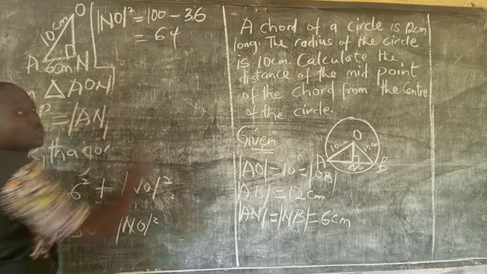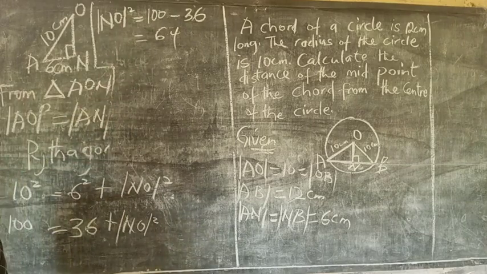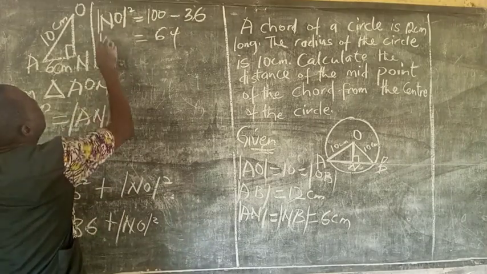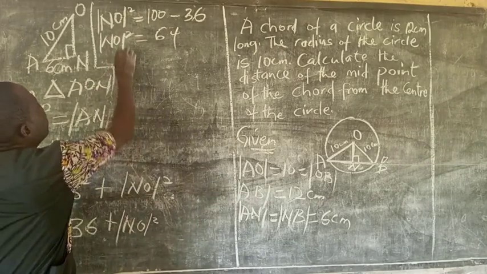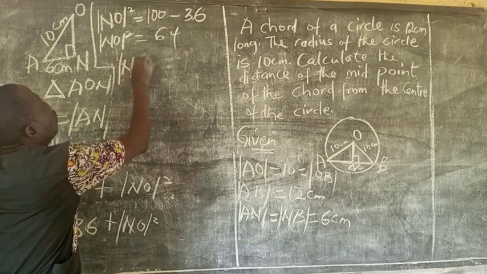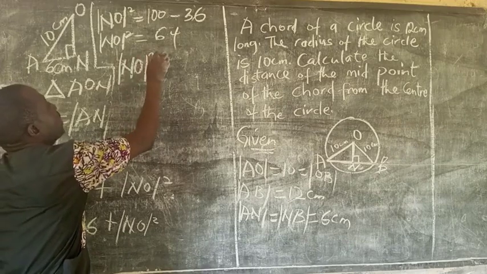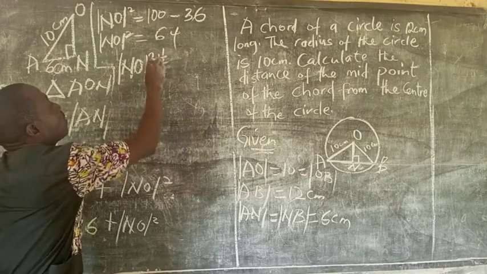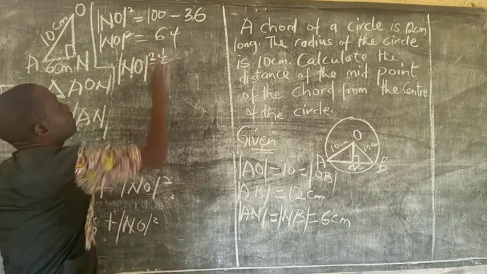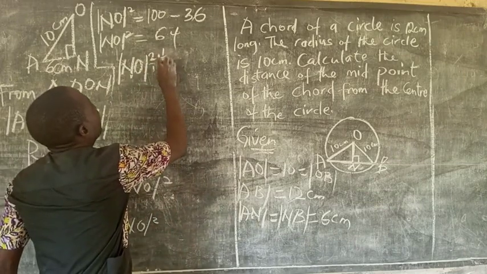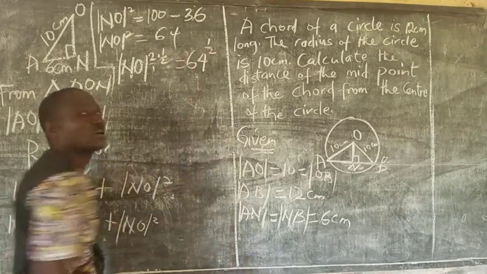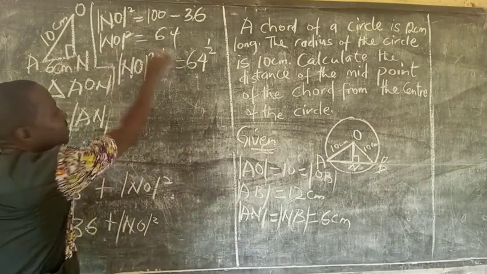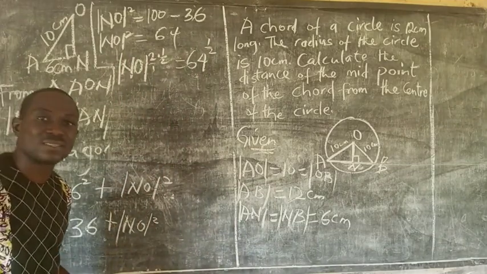To remove this square, we raise both sides to the power of half. NO squared raised to the power half equals 64 raised to the power half. What you do to the right-hand side, you do to the left, so everything is still balanced.